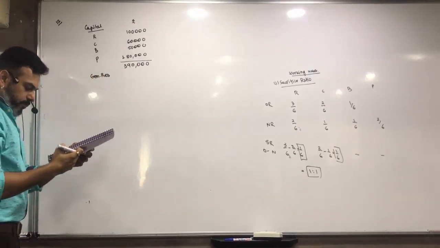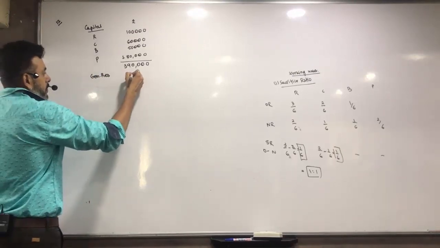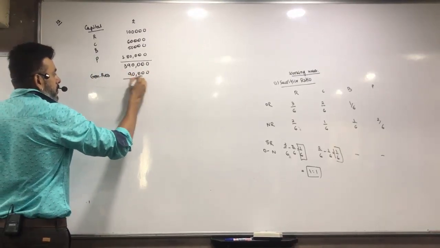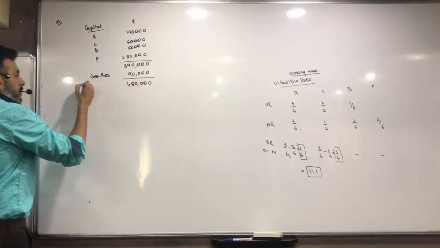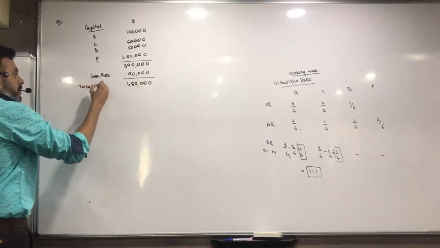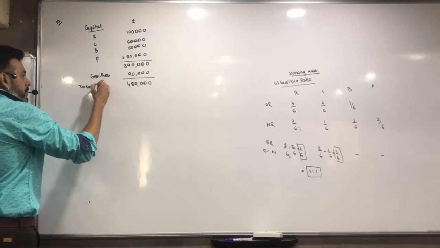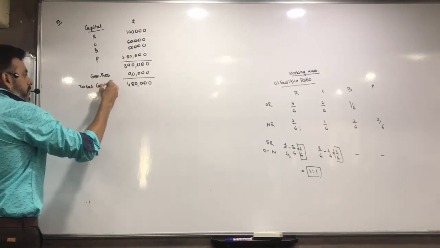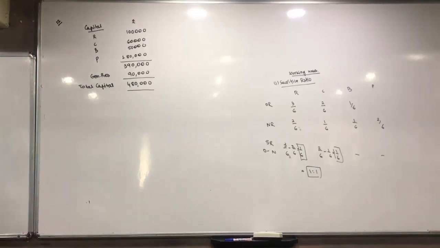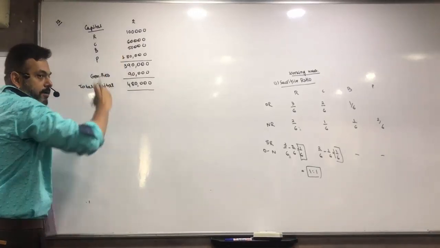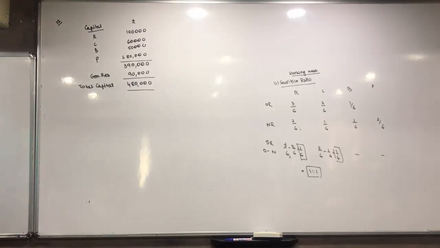General reserve is of 90,000. So total capital 4,80,000, because ultimately this reserve also belongs to the partners.